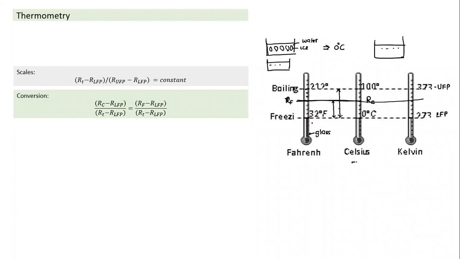So RC minus the lower fixed point, RC minus 0, over the upper fixed point minus the lower fixed point, is equal to RF minus 32 over 212 minus 32. These ratios will remain the same, and that's what we use for conversion.